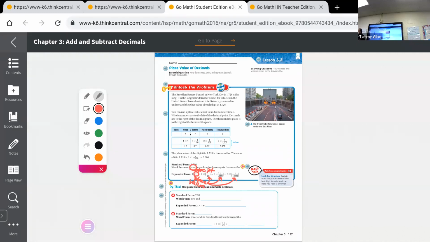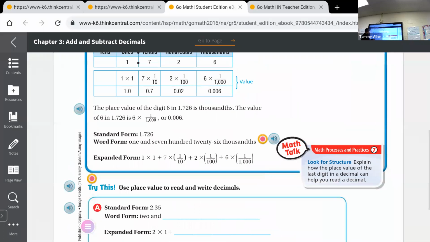Standard form is how we normally see the number written if we're only using digits. Does that make sense? We say the number by naming it. To and. We get that, right? But then the rest of it, we read this, and we know to say that as 35, right?